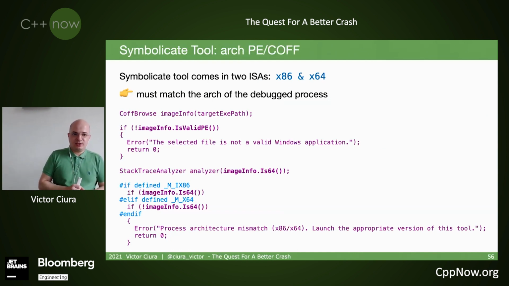And the Symbolicate tool comes in two instruction sets again. You need to use a specific Symbolicate tool for 32-bit or 64-bit, because it has to match the architecture of the debugged process. This tool works kind of like a debugger in terms of it attaches to the process.